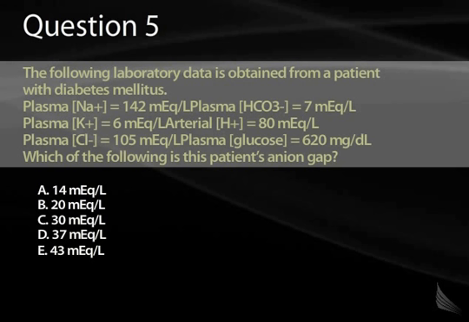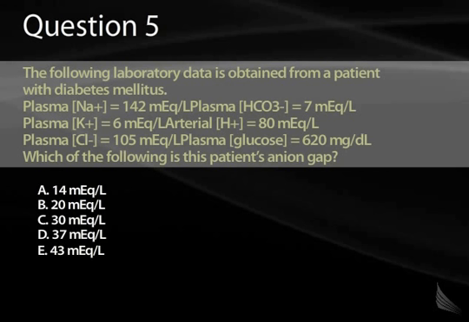Once again, the anion gap is calculated by taking the serum sodium concentration and subtracting the sum of the serum chloride and serum bicarbonate concentrations. In this setting, this would be 142 minus the sum of 105 and 7, which is 112.